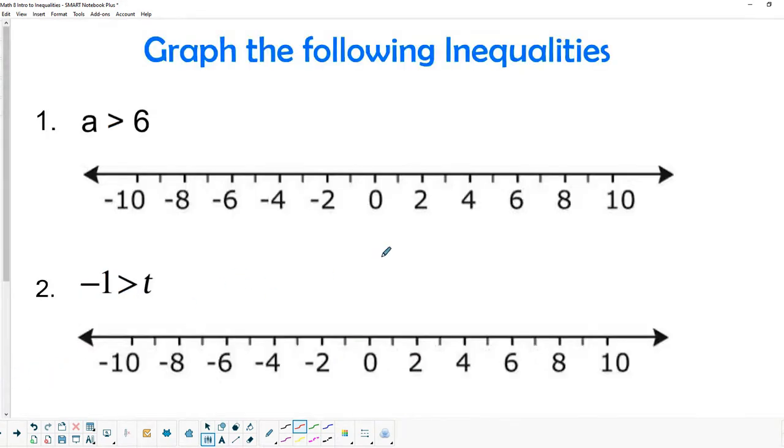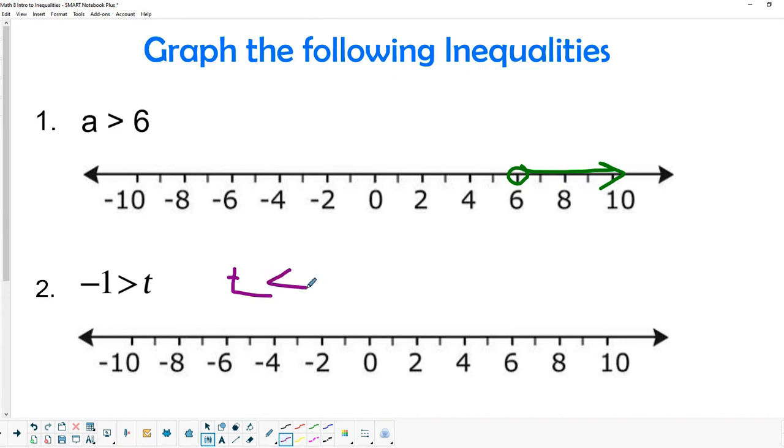Okay, a couple more. A is greater than 6. So in that case, we would put an open circle at 6 and an arrow pointing off to the right. Now let's look at this next one a little more carefully. We've got it flipped over or reversed in the way it's written. So I'm going to rewrite it. Put T on the left, which is where we like to have it. You notice how the arrow is pointing at T?